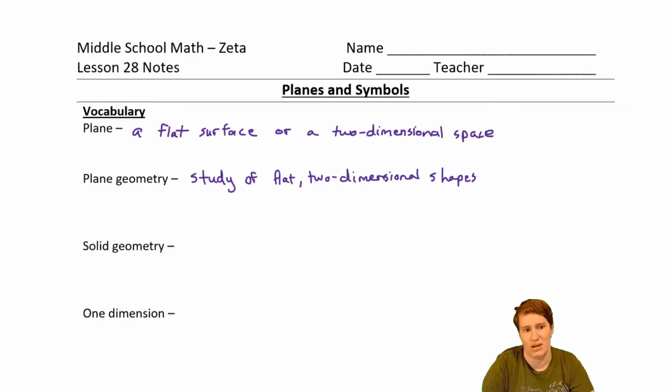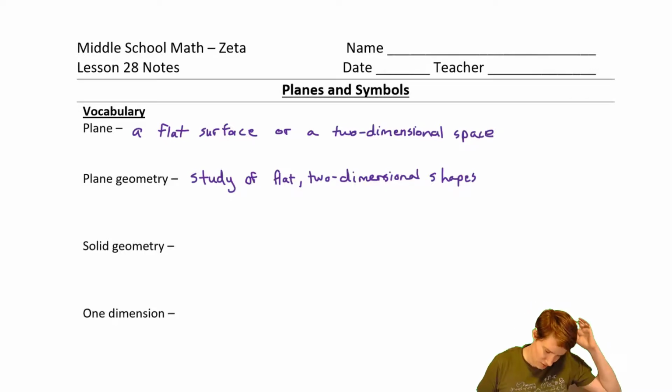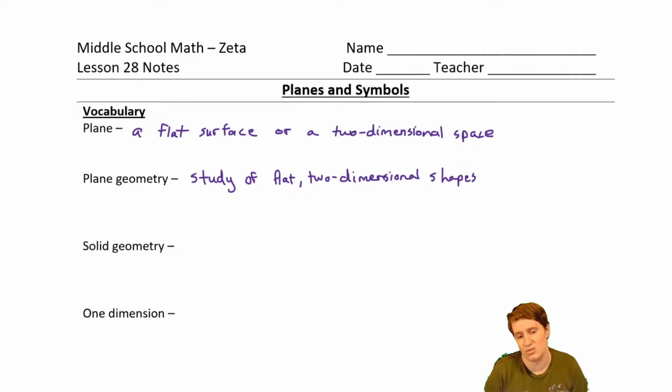Not that I have accidentally been biased in my education of him or anything, but that's the kind of thing that we're talking about with plane geometry, as opposed to solid geometry, which I don't even know if that's somewhere in the book, but solid geometry would be where we would study three-dimensional shapes.